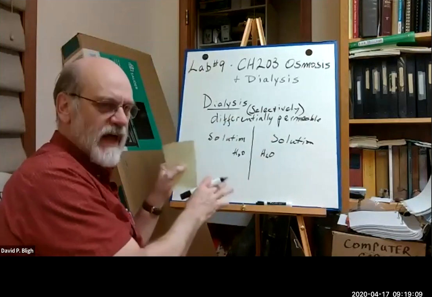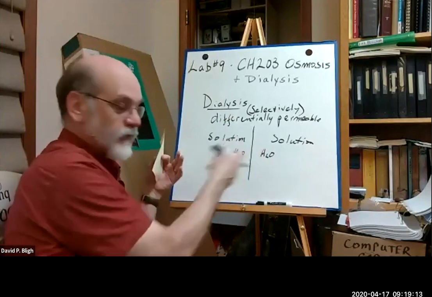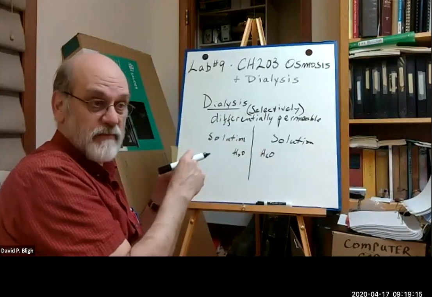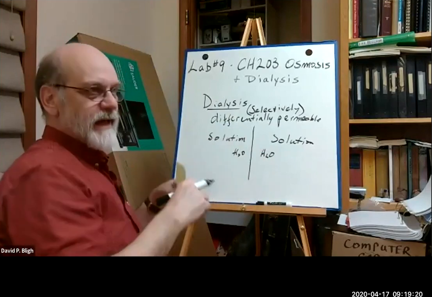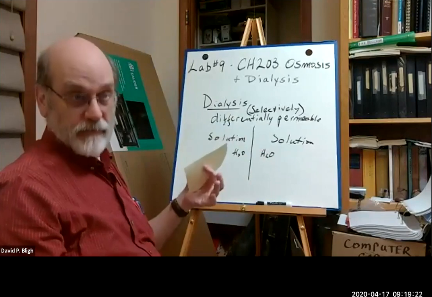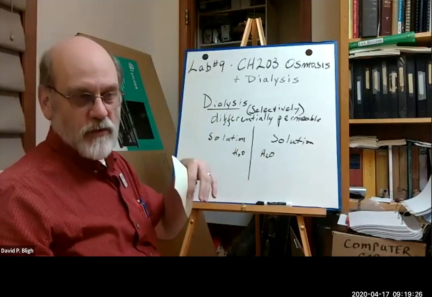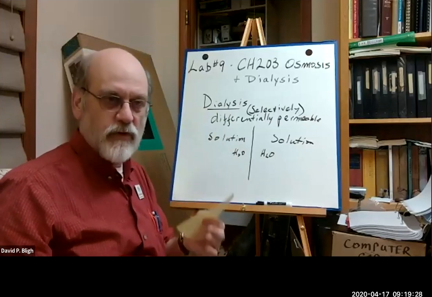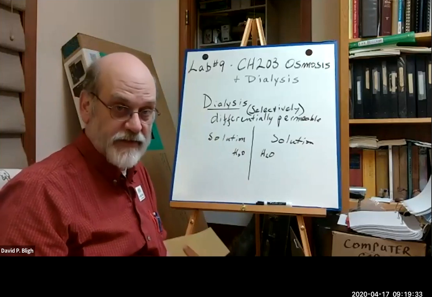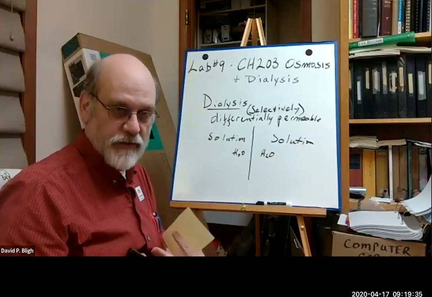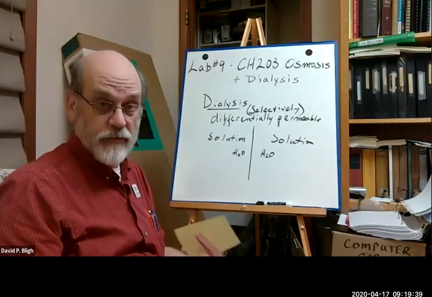But since the pore sizes are larger, it's not just water that can pass through, but some molecules that are larger than water, like urea. That's a good one because dialysis is used to help people who have kidney failure rid their bodies of nitrogen waste, which in humans and mammals takes the form of urea.